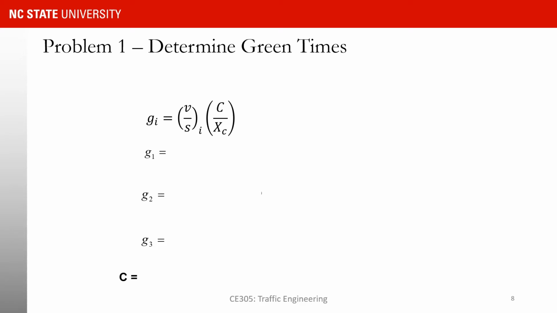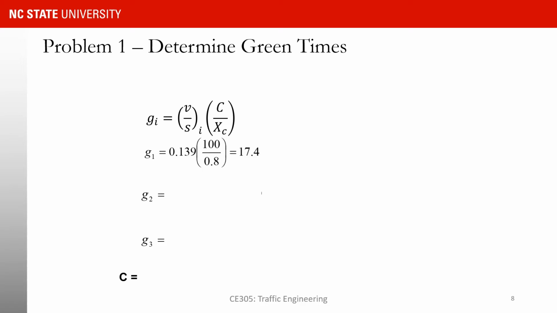If I go with any number other than the minimum cycle length, I'm going to have to update the x sub c value. But here we are going with minimum cycle length, and this is really your choice. What is suggested is to go with C optimal, but in this problem we are going to go with C min, so you don't need to update x sub c.